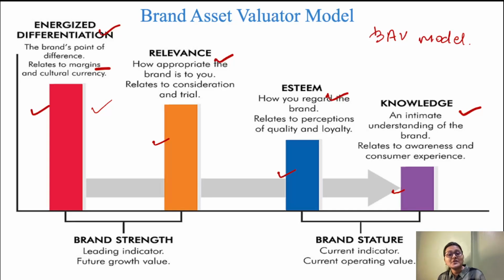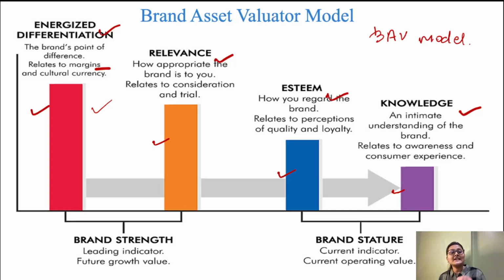So this measures how appropriate a brand's offering is to the customers, and what is the breadth of appeal, how appealing the products are in the eyes of the customers, how many product lines are being added, how many different varieties of products are being launched according to the customers' needs and demands.